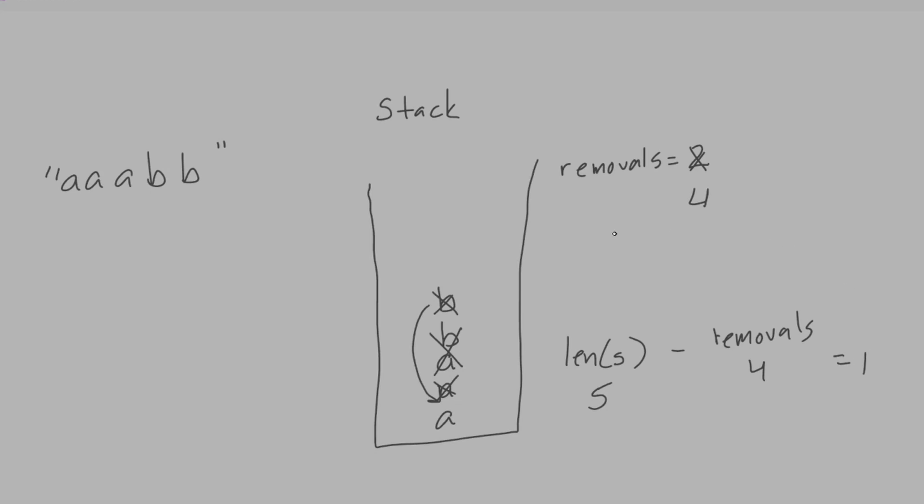And this is correct in this case because we are able to remove this entire section of the string, but there's no way to remove this first A, right? So it does make sense that our final answer would be 1, since the minimum length string that we can create here will always be this 1 character because that A is not matched.